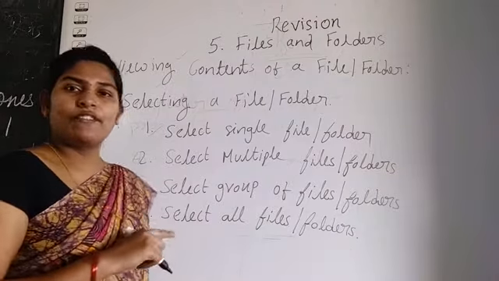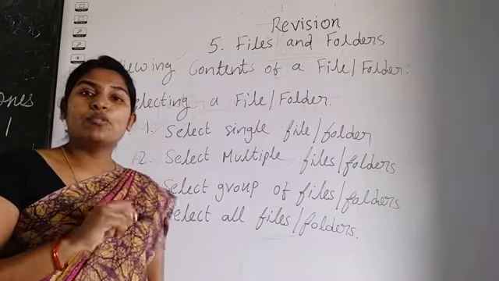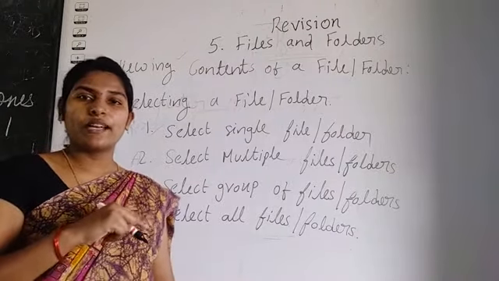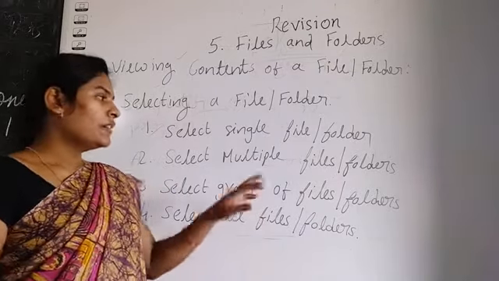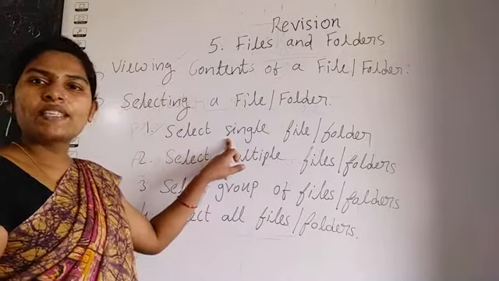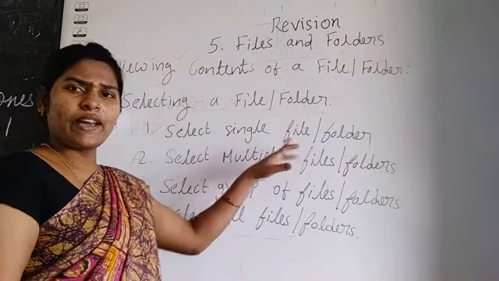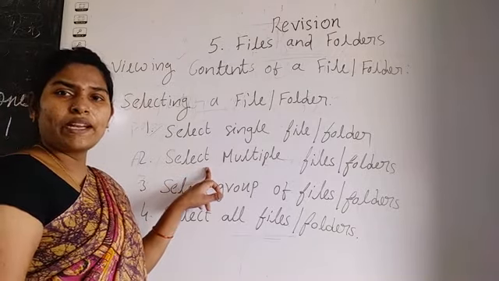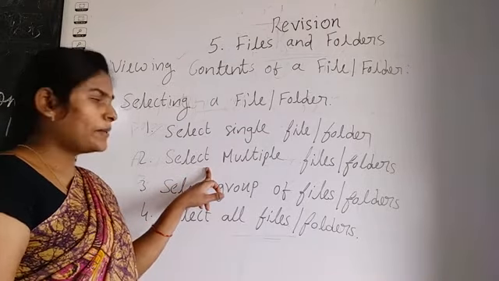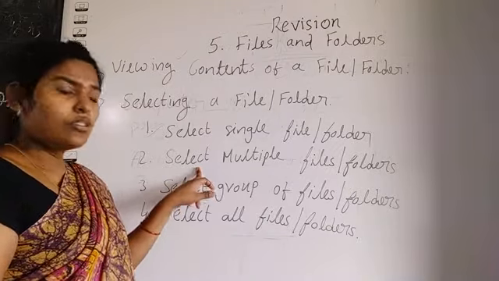After selecting, it gets a light blue square box. That means it is selected. By giving a single click, we can select a single file or folder. The same process applies in the content pane.